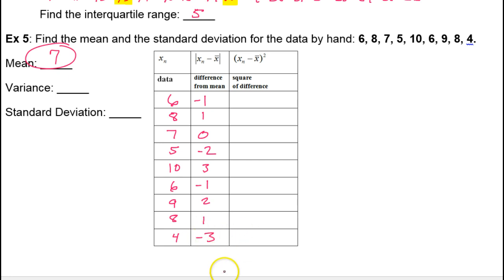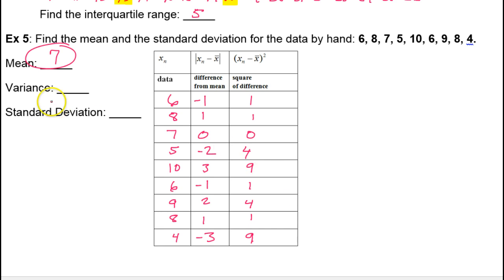Any questions on where those numbers are coming from? Just doing each value minus the mean. Now for the third column, we're supposed to square all these. So that's going to be 1, 1, 0, 4, 9, 1, 4, 1, and 9.